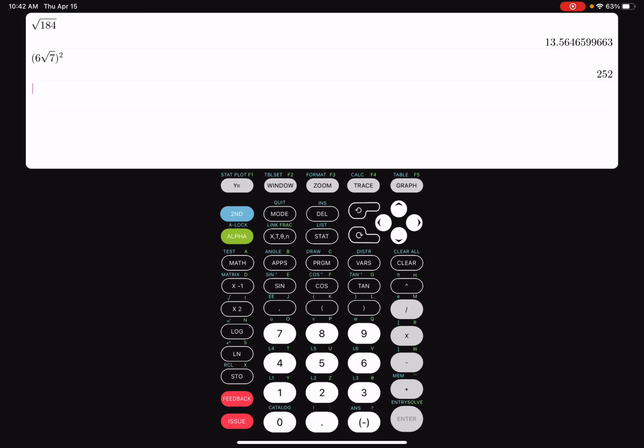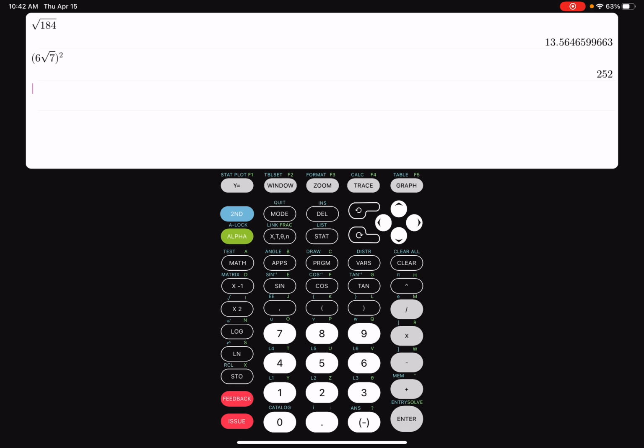So notice that I have everything being square rooted. Did anyone's calculator automatically put another parenthesis under the square root sign? A lot of them will do that. Anybody's in here? No? Okay, great. I have a feeling some of you have not tried it yet because about half of yours probably will do that.